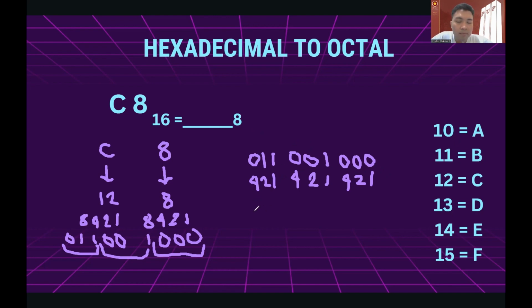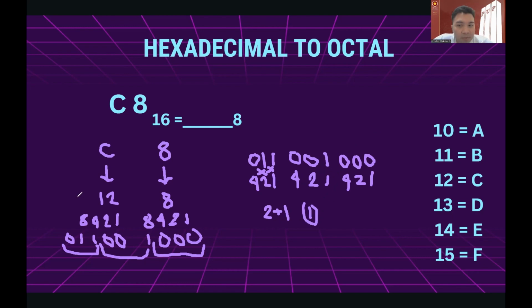0 multiplied by 4 cannot be, so disregard. 1 times 2 is 2. 1 times 1 is 1. So plus, we will add here 1. 0 times 4 cannot be. 0 times 2 cannot be. 1 times 1 is 1. 0 times 2 cannot be, and 1 times 1 is 1.